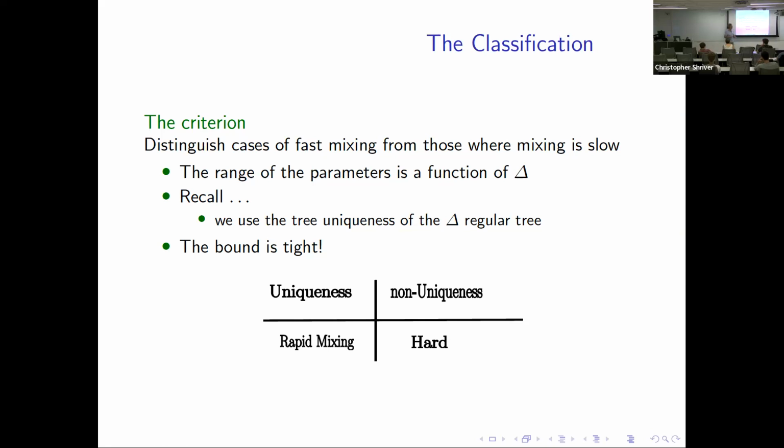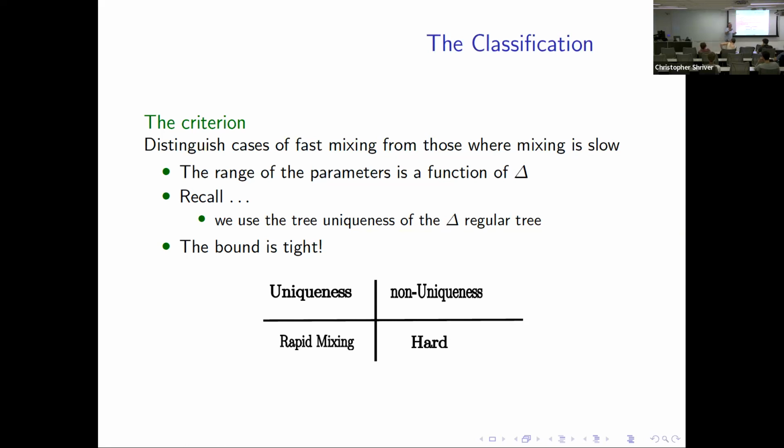And what is interesting here is that these regions, uniqueness and non-uniqueness, are specified with respect to the maximum degree, so they are functions of the maximum degree of the graph. Recall that we use the uniqueness for the delta-regular tree. We also have to keep in mind that this bound is tight in the sense that in this region we really have hard instances. Not everything is hard, but we have some hard instances.